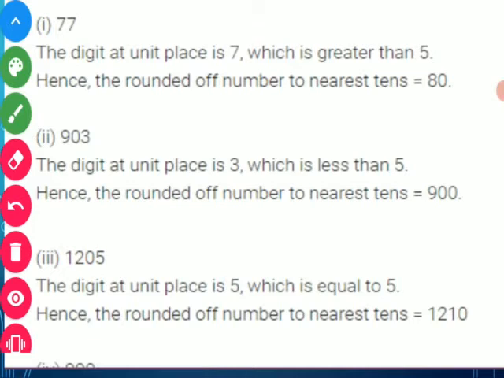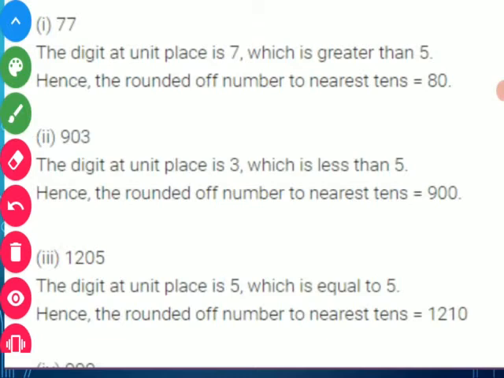Similarly, the number is 903, and if you have to round it off to the nearest tens, you will see the ones place, which is 3, less than 5, so no carry will be given and the ones place will become 0. So the rounded number to the nearest tens will be 900.